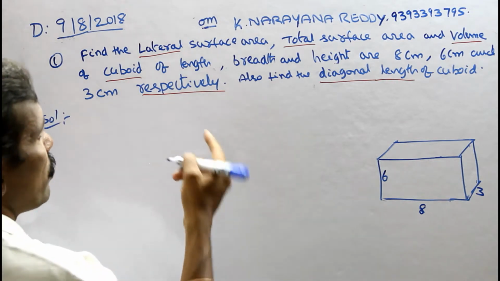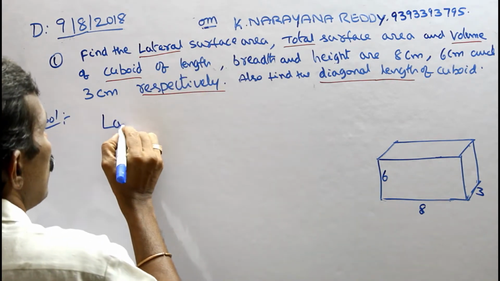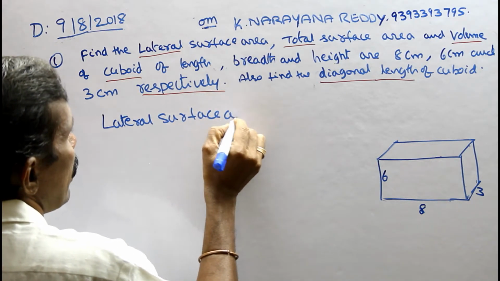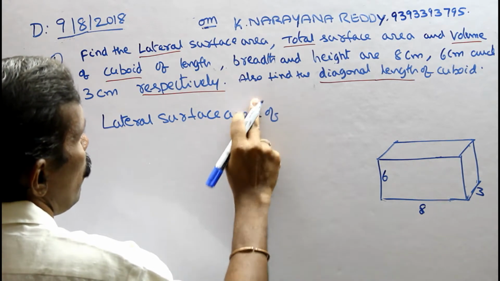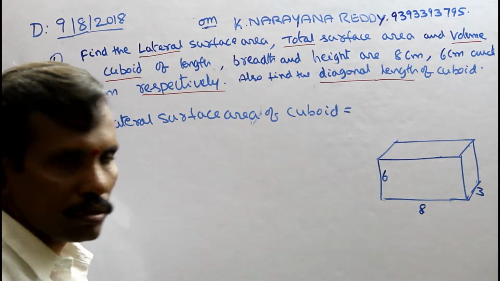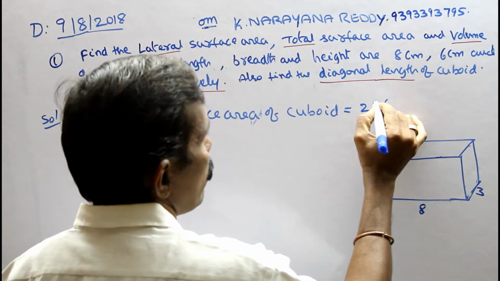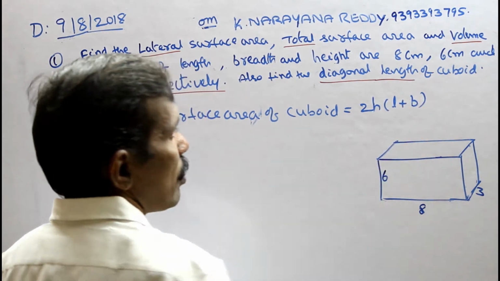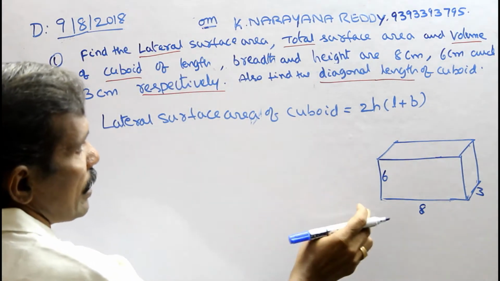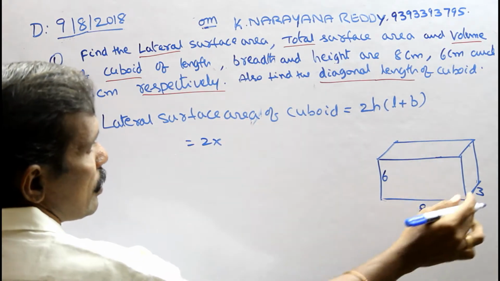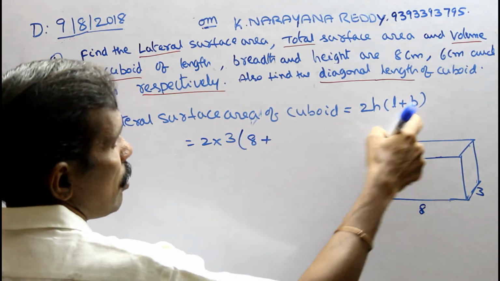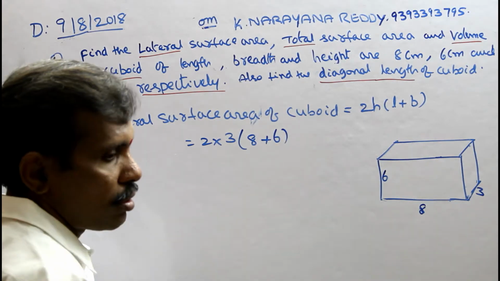Now the formula. What do we have to find first? Lateral surface area of a cuboid equals 2h into L plus B. Now 2 into h, which is 3, into L 8 plus B breadth 6.